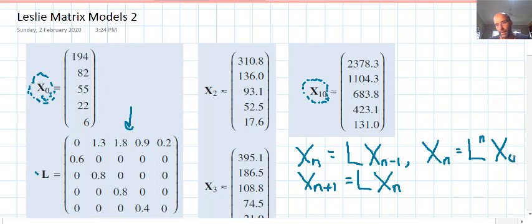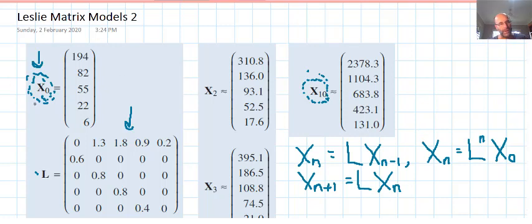The Leslie matrix raised to the power n times the initial population vector, if that's what we've been given. So if we were given this one, we could go straight to this one. Okay, so we use technology, of course, there.